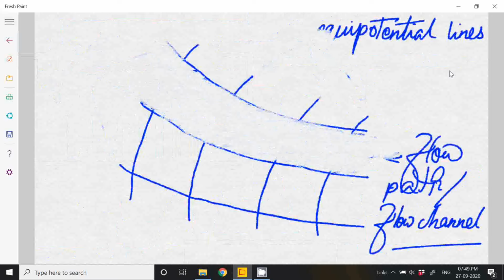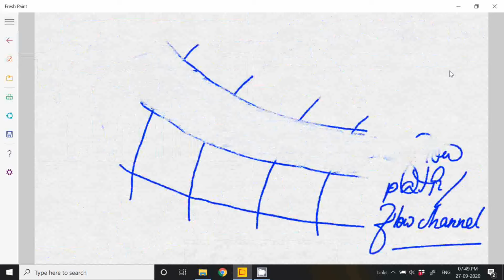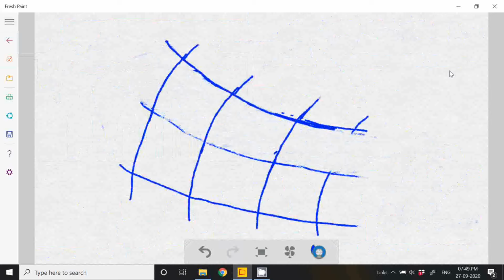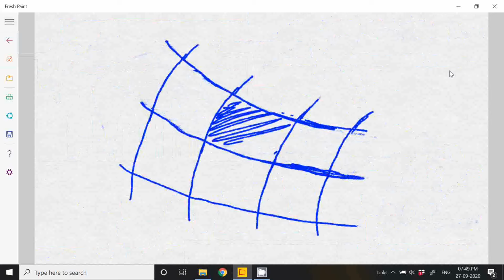Please bear with me while I erase it. Now, suppose we consider one small space made by two flow lines and two equipotential lines.